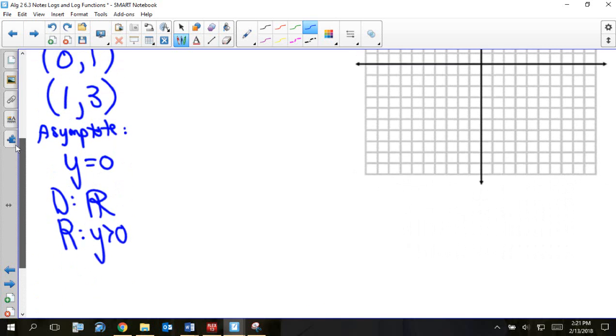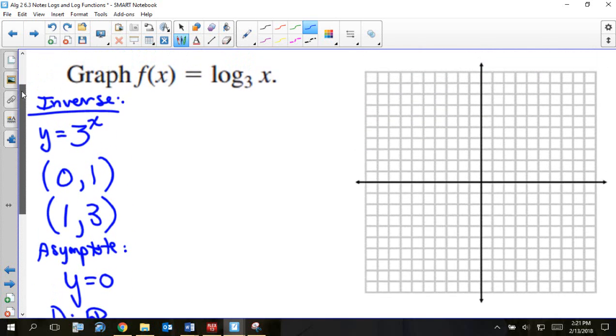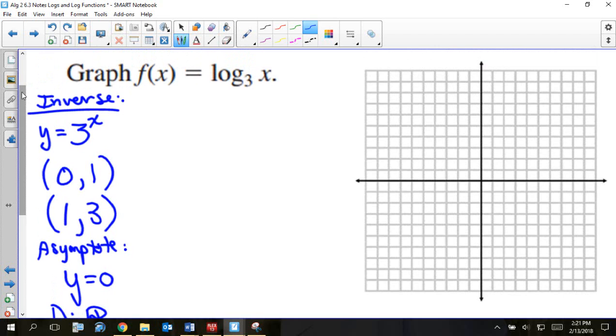So we'll go graph these key points. 0, 1, 1, 3. Asymptote. Connect it. If you need more points, you can find them yourself. And then what do we know about the inverse when we graph it?